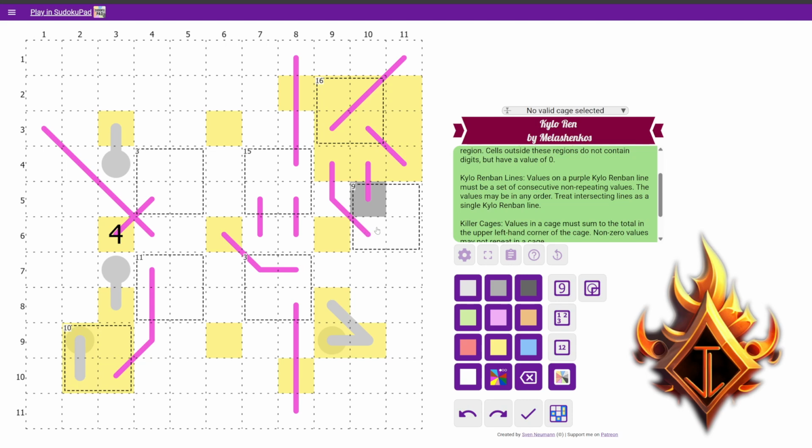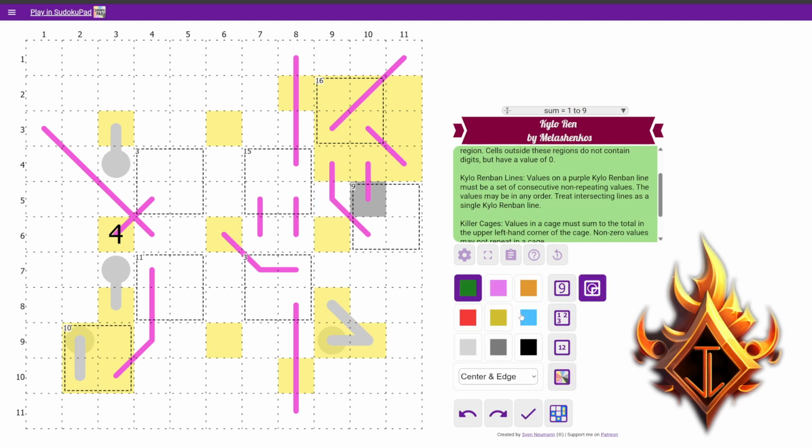And then would that still work out? This could be 0, I guess. Oh no, because that would put 2 ones. No, that would still put 2 digits in that box. So that one would have to be yellow. So this box would be complete.